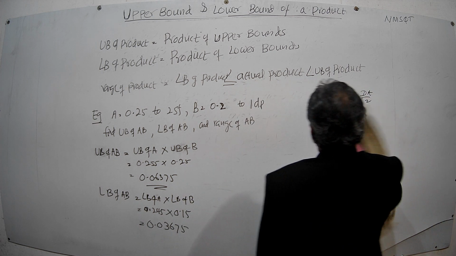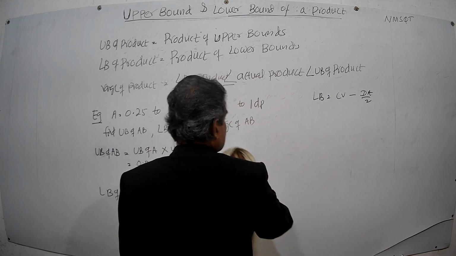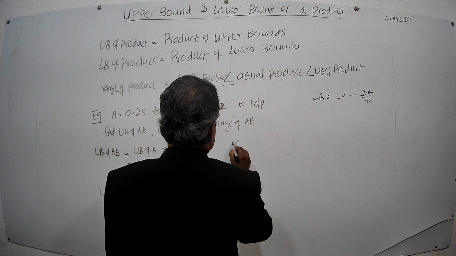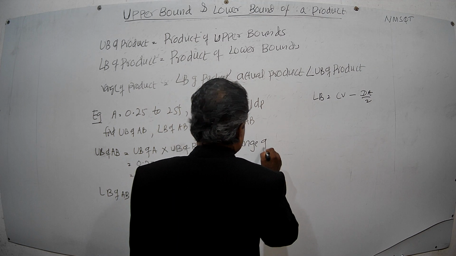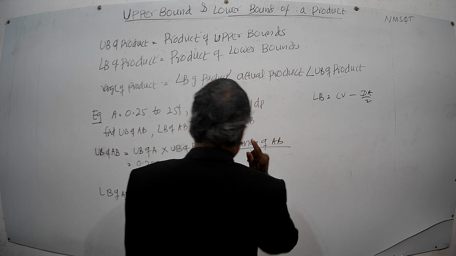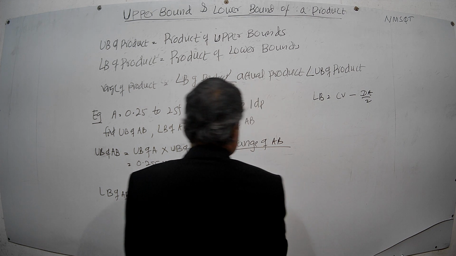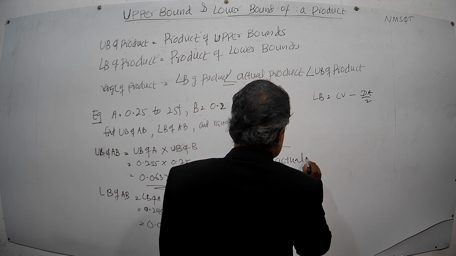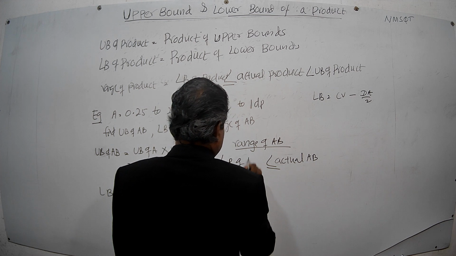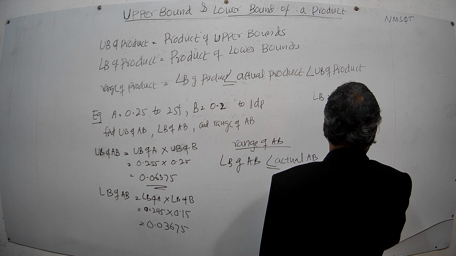The range of AB you write like this: the actual product of AB is greater than or equal to the lower bound of AB and less than the upper bound of AB.